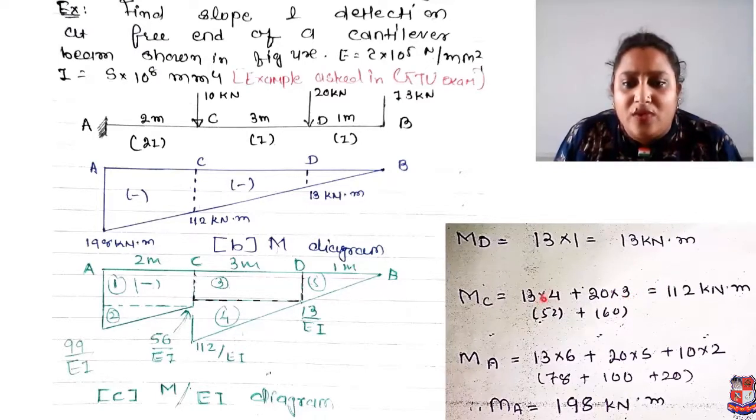So if you simplify, it is 52 plus 60. So it is 112 kilonewton meter. Fine. So it is mentioned over here. Then moment at A. So 13 into 6 plus 20 into 5 plus 10 into 2. So if you simplify, 78, 100, 20, as per that your MA will be 198 kilonewton meter.